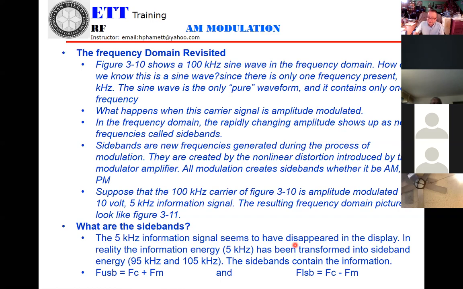So they give you F upper sideband and F lower sideband. That's what you keep reading, okay? Too many times, hopefully you're able to understand.